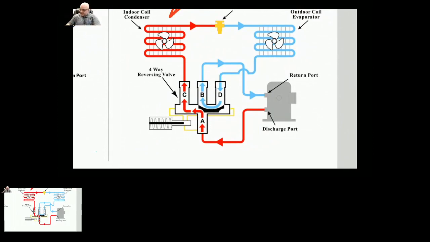So if the refrigerant coming from the compressor is directed to the indoor coil, yes, Jason, I kind of figured that you were not given a fair shot at this.